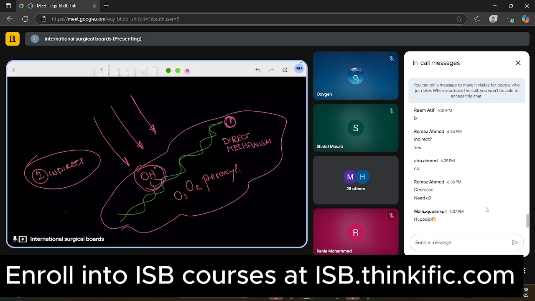It will cause the cell to kill itself through apoptosis. P53 has mainly three functions, guys. Without going into detail, I don't think that's very relevant for the exam, but at least know the three functions.